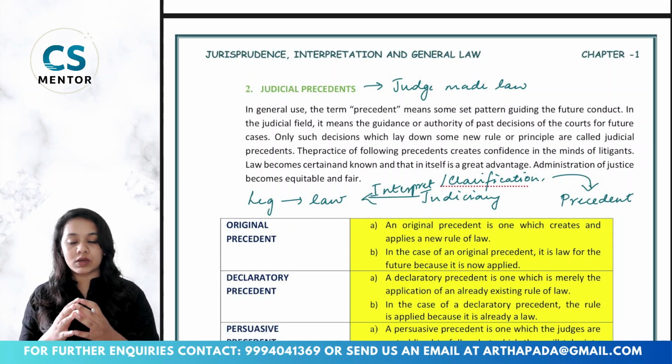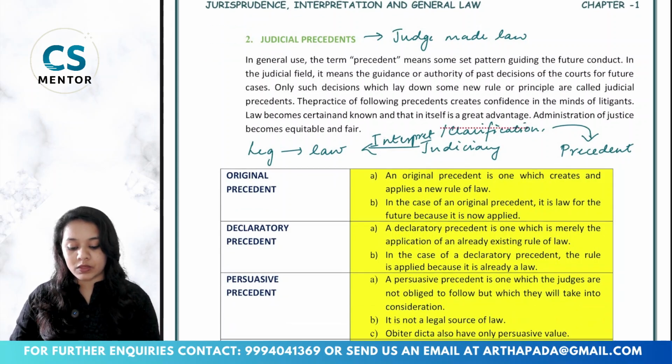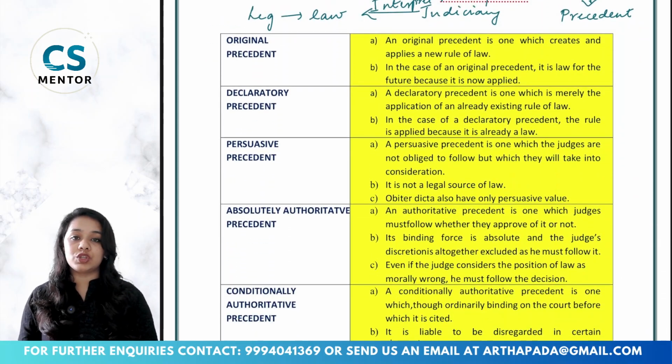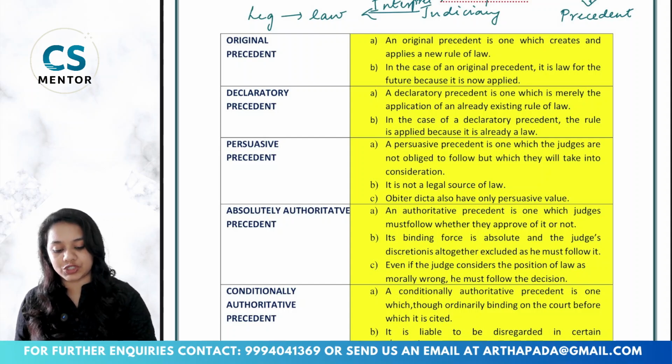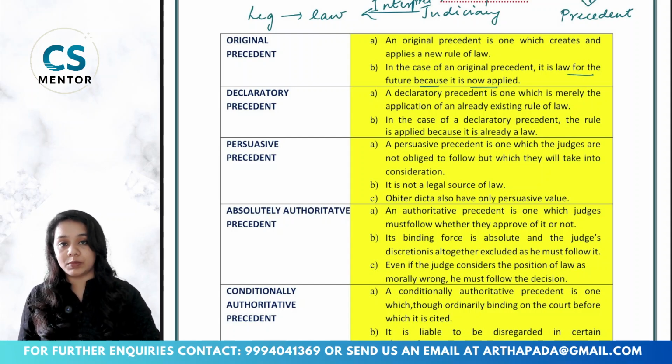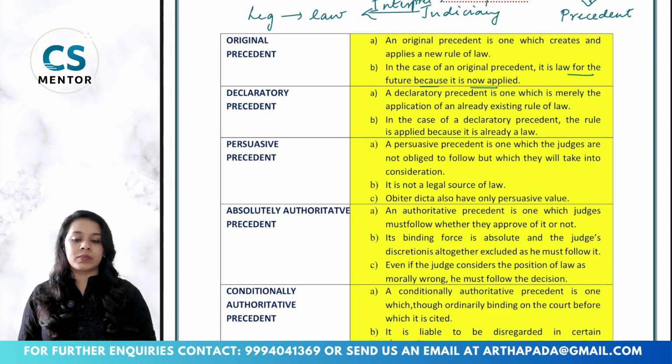So when we look at precedents, they are basically of five types. The first one is an original precedent. Now, an original precedent usually creates a new rule of law, a new interpretation. And in the case of an original precedent, it is the law for the future because it is now applied. What do you mean by that?